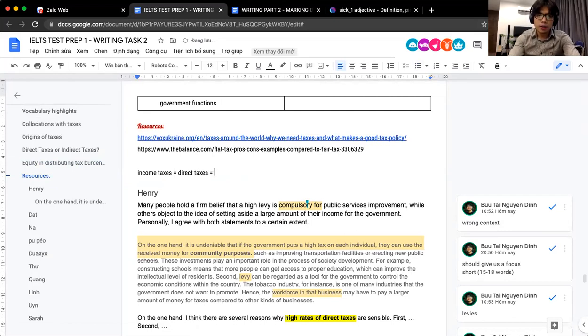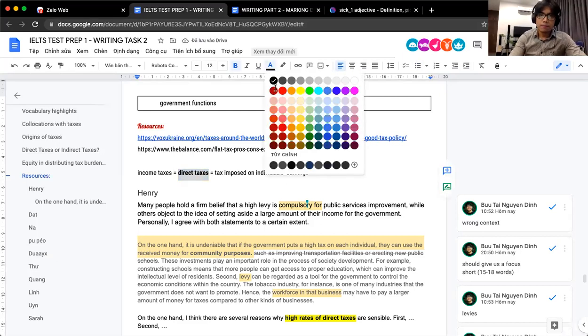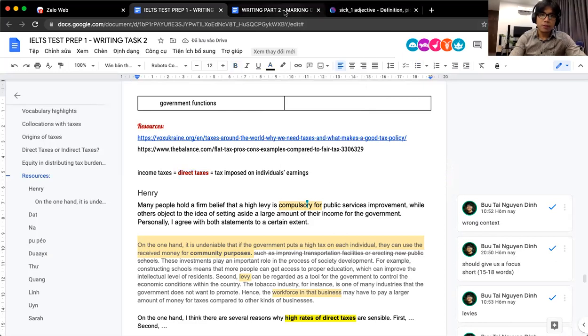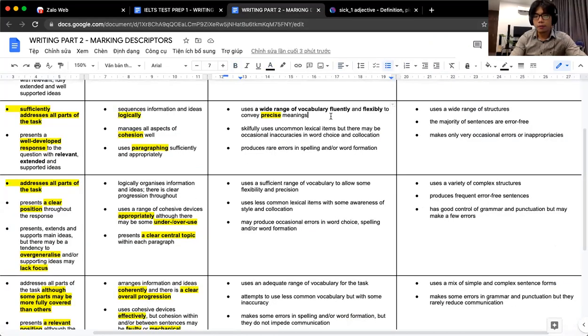Or you can say tax imposed on individuals' earnings. So we basically have different ways of saying the same thing. And precise means we know the terms for it. So that is what they mean by you write something fluently, flexibly, and to convey precise meanings.